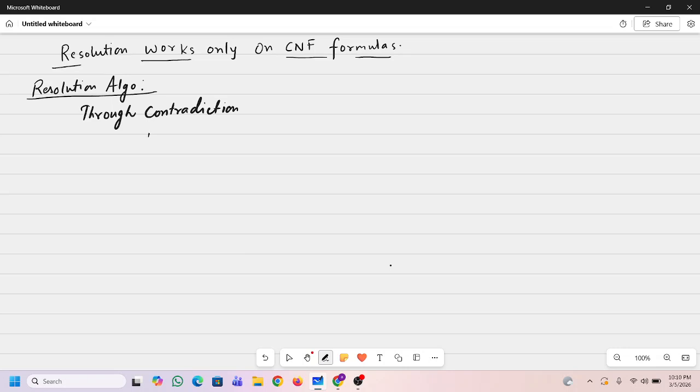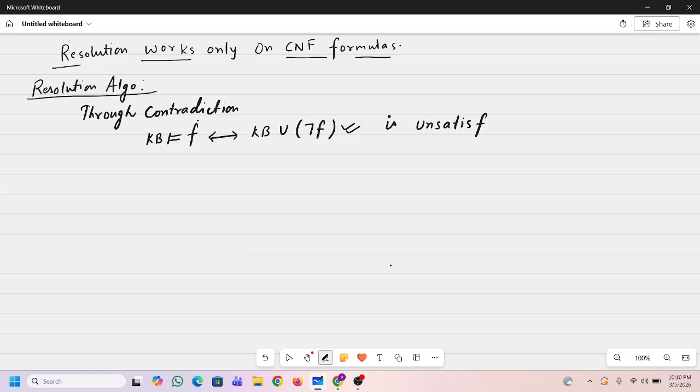So if we have KB entails F, this is bidirectional to KB union negation of F. KB should be able to derive F, but what we are going to assume is KB union negation of F, and we prove that it is unsatisfiable.